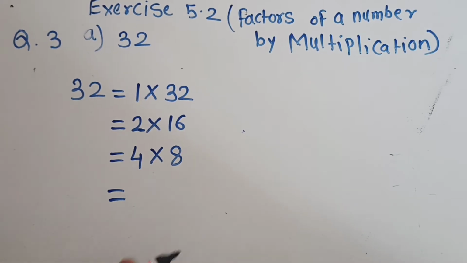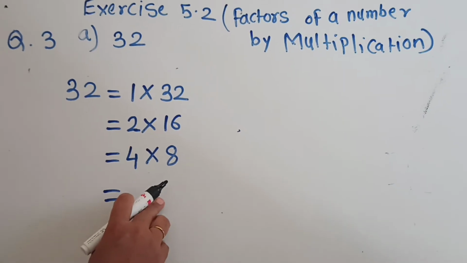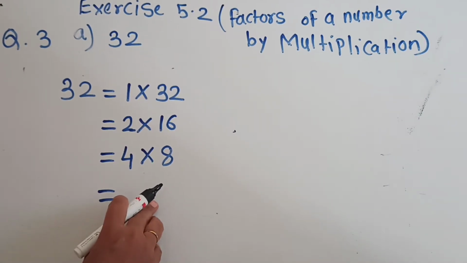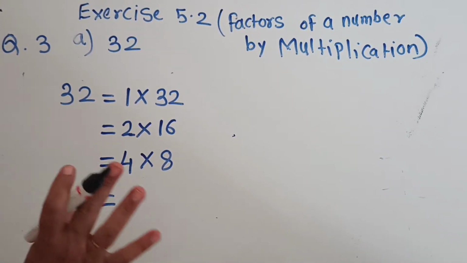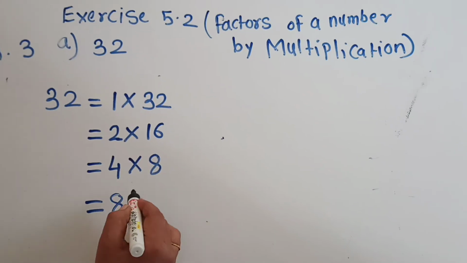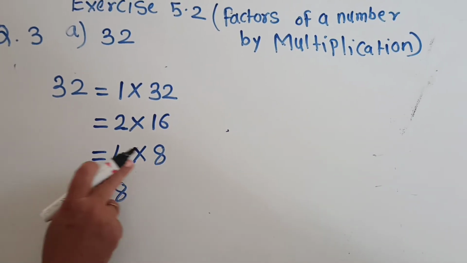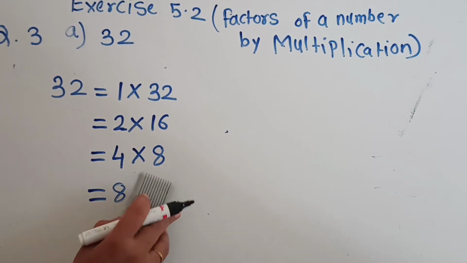So 6 is also not. Then 7. 7 ones are 7, 7 twos are 14, 7 threes are 21, 7 fours are 28, 7 fives are 35. So 32 is not in table 7. Now then 8, and yes, 8 fours are 32, and we already wrote here 4 eights are 32.